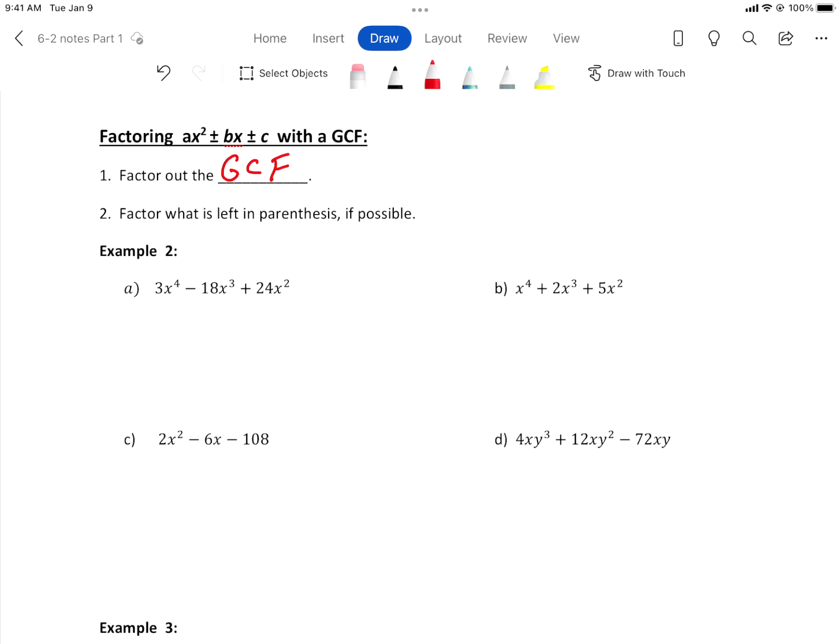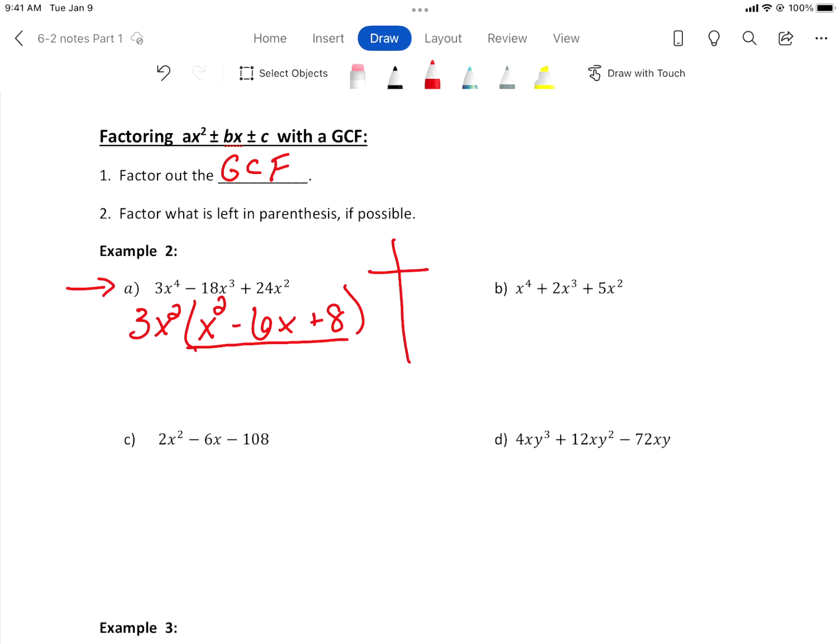So if we look at some examples, part A in example 2, what's the GCF that can come out? A 3 and x squared. So that would leave me with x squared minus 6x plus 8. And then we're going to do the same thing with what's left in parentheses.